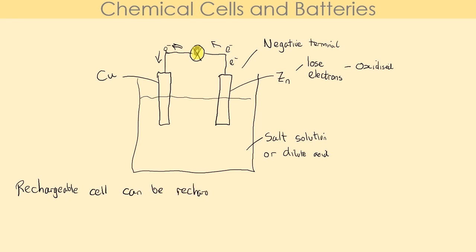It can be recharged because we connect it to a power supply, and that causes the electrons, or we can force the electrons, to go back the other way to our more reactive metal. An alkaline cell cannot be recharged because the reaction is irreversible.